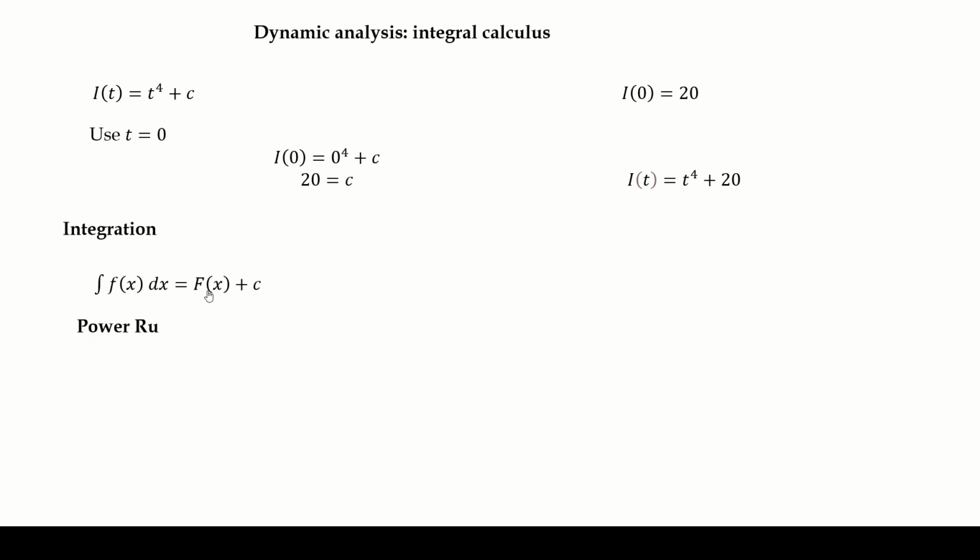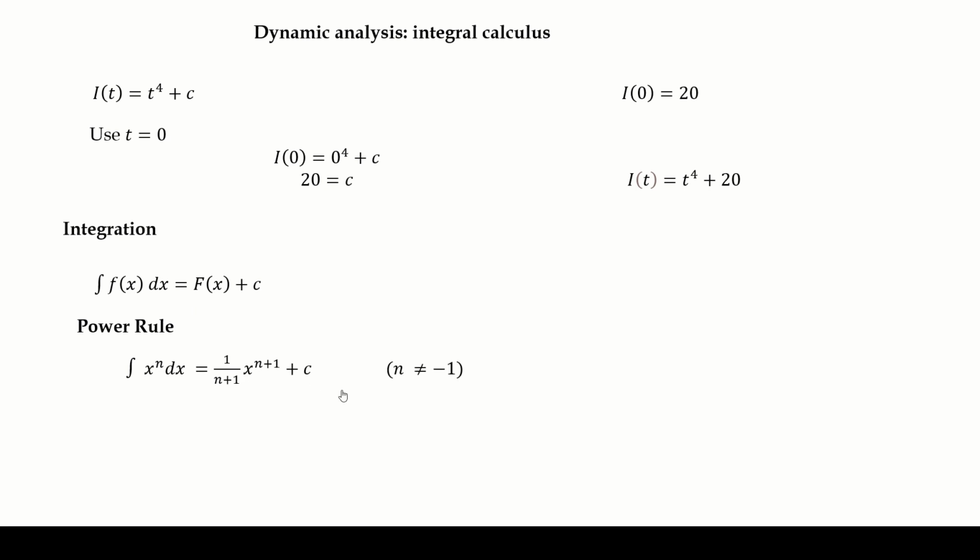There are some rules of integration that we will quickly go over. We'll review them with some examples. First is the power rule. Again, you will find some parallels with the rules of differentiation over here.